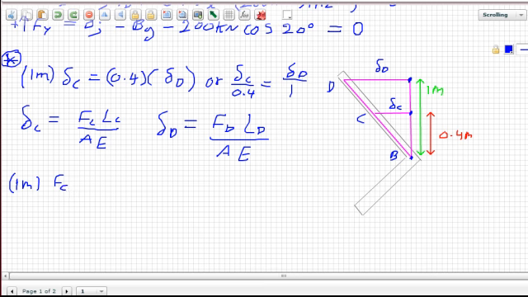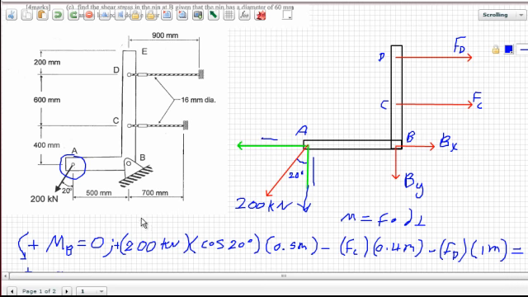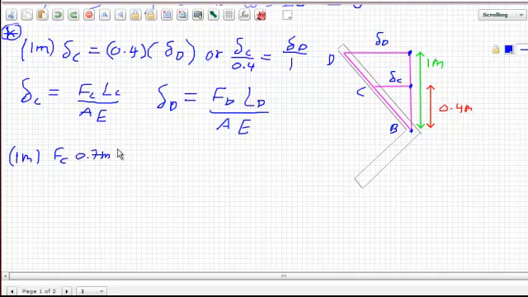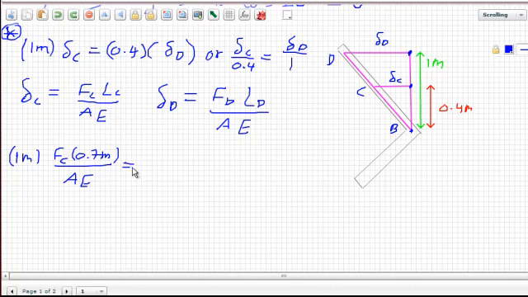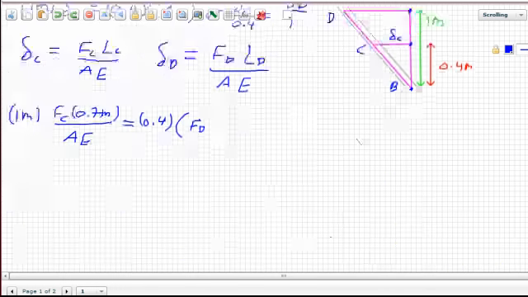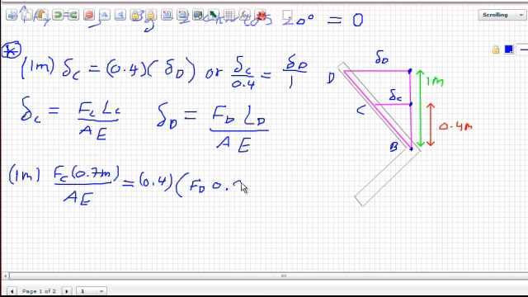We do know what LC is, the length of cable C, and it is 700 millimeters, so that is gonna be 0.7 meters, divided by AE, is equal to 0.4, as we see in the star equation, multiplied by delta D. Now delta D is equal to the force in cable D, which we don't know, multiplied by the length of cable D, which is given right here, 0.9 meters, divided by AE.